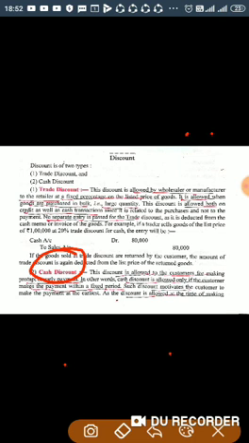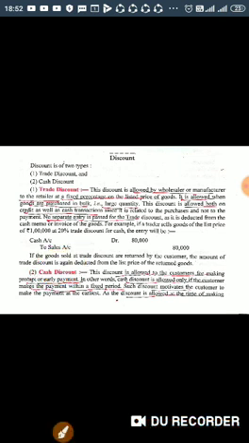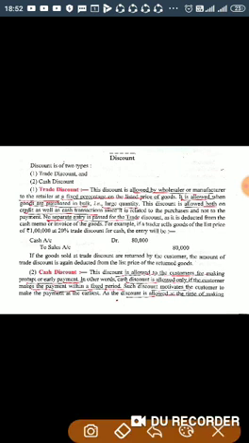Now let us discuss cash discount. Cash discount is another type of discount. It has a different purpose than trade discount. Trade discount encourages bulk purchasing, whereas cash discount encourages prompt payment from the customer. This discount is allowed to the customer for making prompt or early payment.